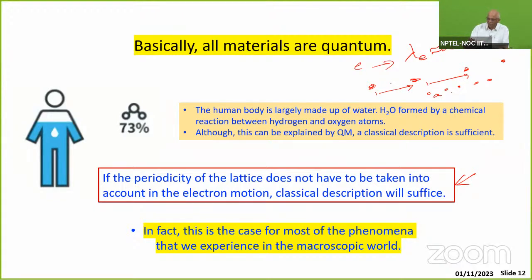So how will you calculate the de Broglie wavelength? You have to know the velocity of that electron, which is typically the Fermi velocity. You can verify this for yourself: look at the Fermi velocity of, say, copper, calculate the de Broglie wavelength, and look at the interatomic spacing in copper. They'll be comparable, of the order of 2 to 3 angstroms.